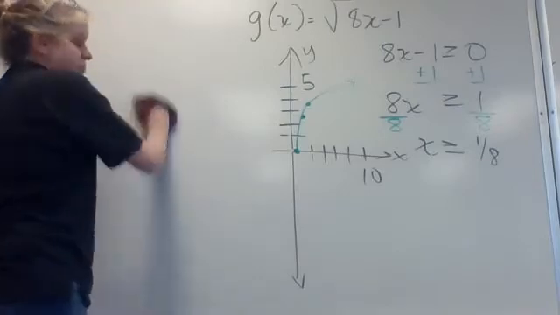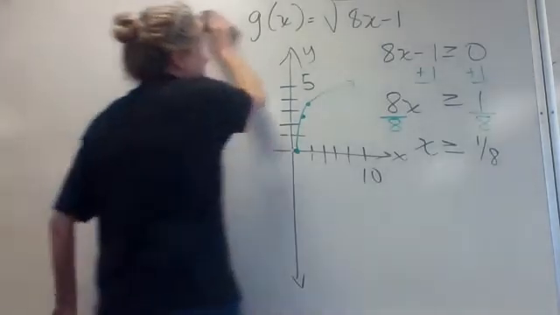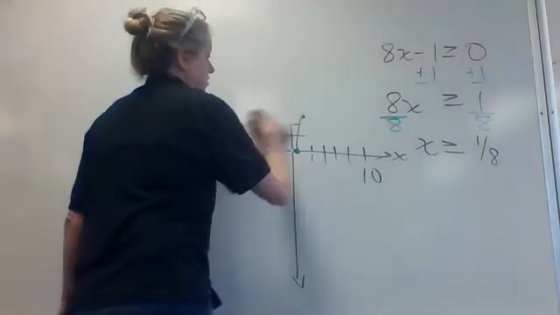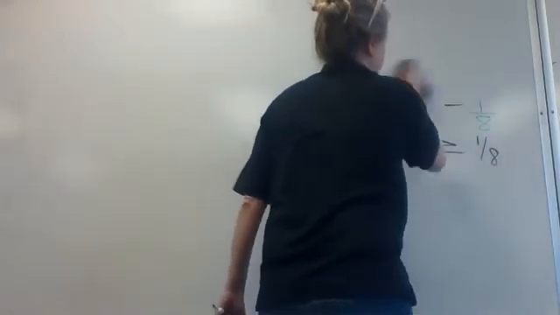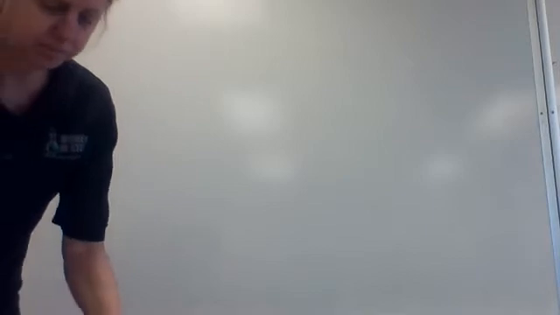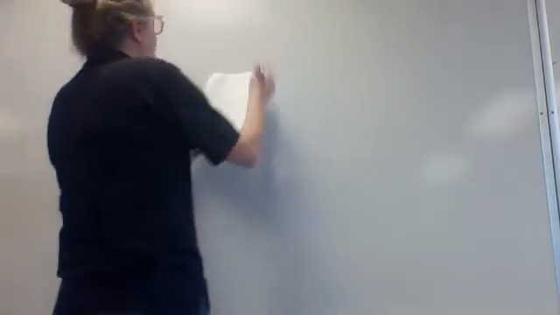Number 19 is where we've got to the piecewise functions. This one has 3 pieces, depending on where you are on the graph.